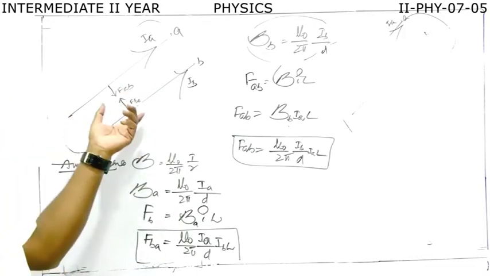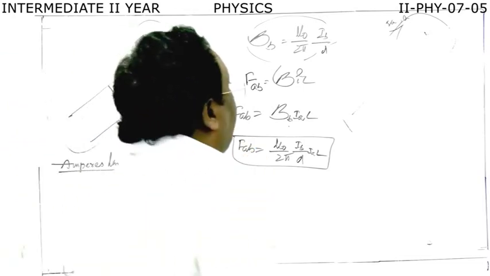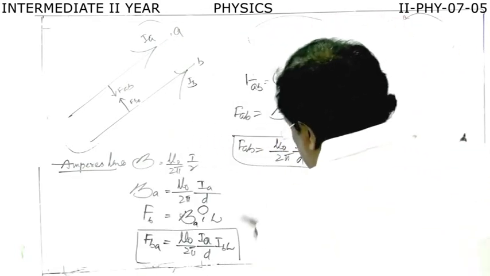So now this concept is called the force between two straight parallel current carrying conductors. Instead of these two, we can write like this.